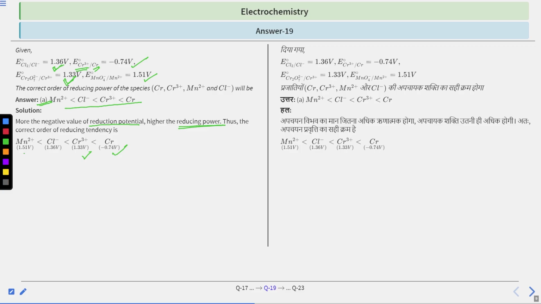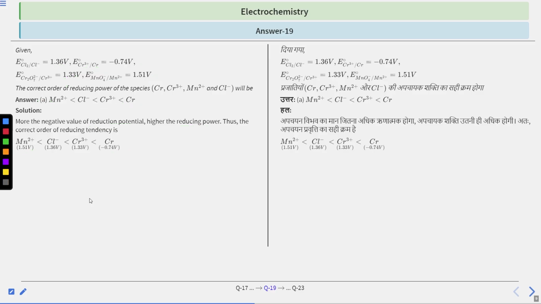That's why it is last in the order. So this is the correct order for the reducing power of these species. Okay, so chromium most, then chromium 3 positive, then chlorine negative, then Mn2 positive, as per their reduction potential values given in the question. And thus option A is the correct answer.